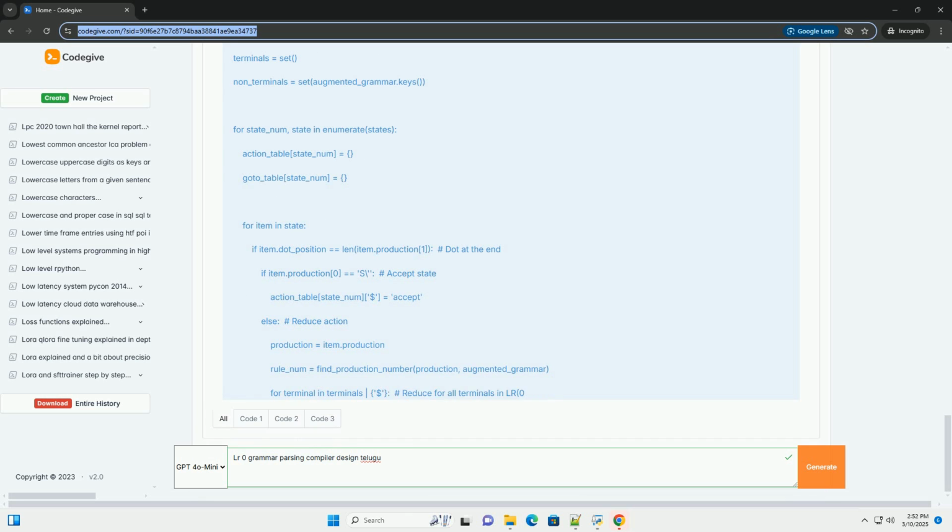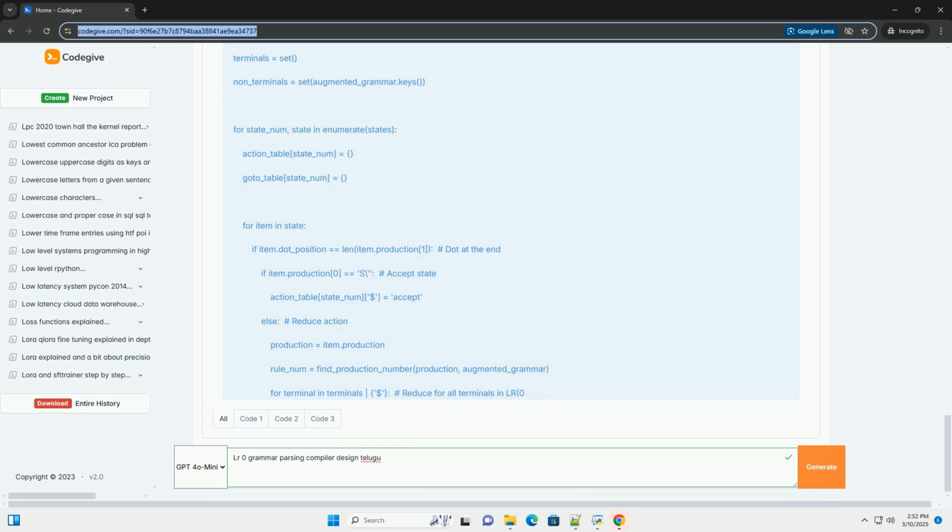build_parsing_table(states, transitions, augmented_grammar) function: this creates the action and goto tables, which are the decision-making tools for the parser.